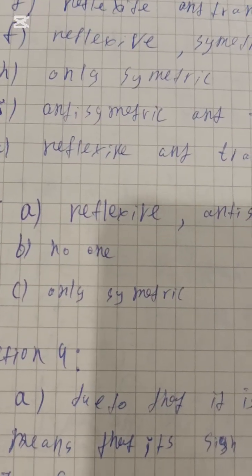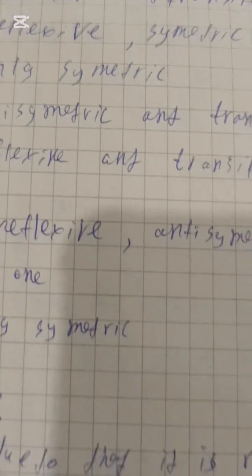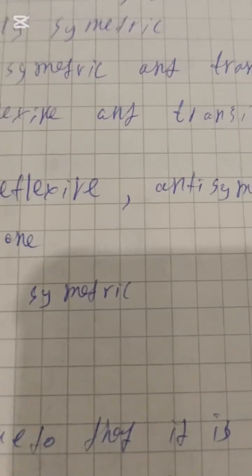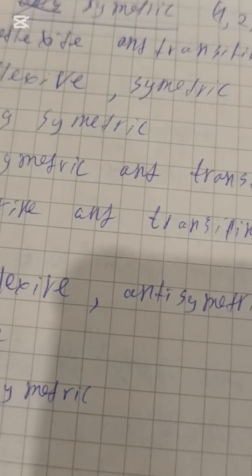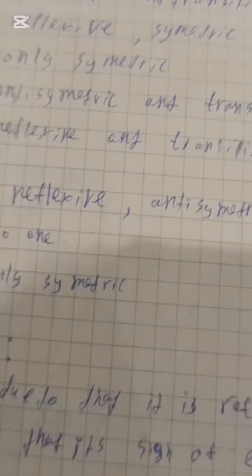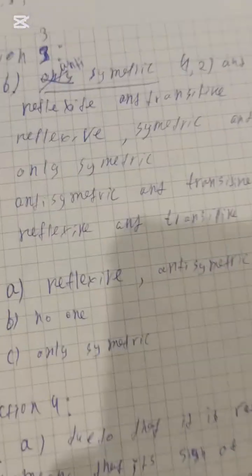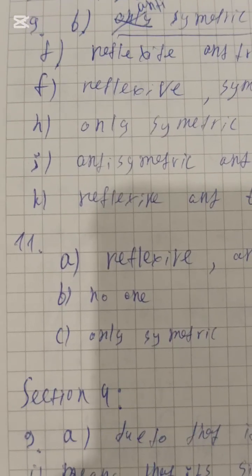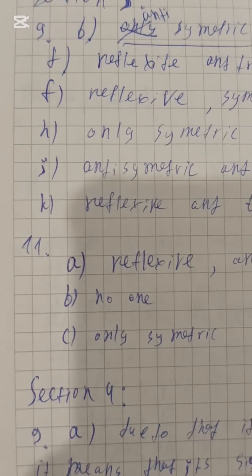And the C is only symmetric because dividing like x and y is nothing. So there are only elements that can be symmetric.